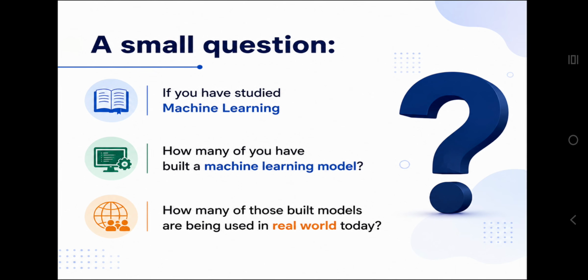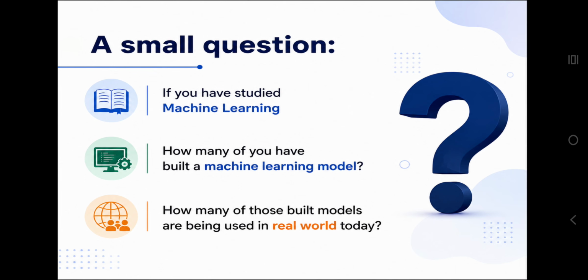So that is the first question. The second question is, have you used any machine learning model before, by building it on your own? And the third one is, some people may say yes to these two questions.